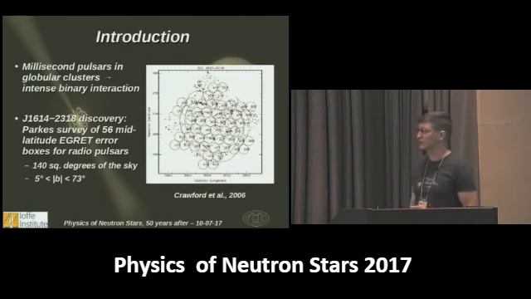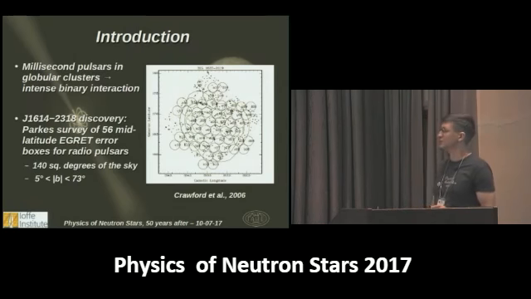I'll come to this point later, but this survey was made at L-band at 1.4 gigahertz and used the single 4-pointing tessellation pattern that covered 95% confidence region of each of the EGRET error boxes. It covered also in total 140 square degrees of the sky at moderate galactic latitudes above 5 degrees.